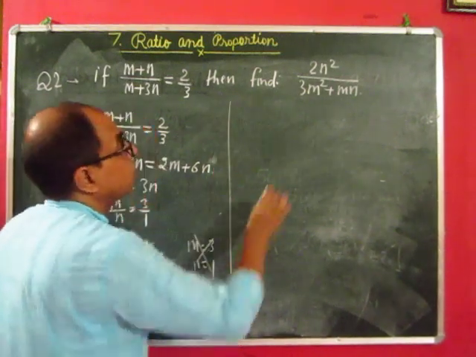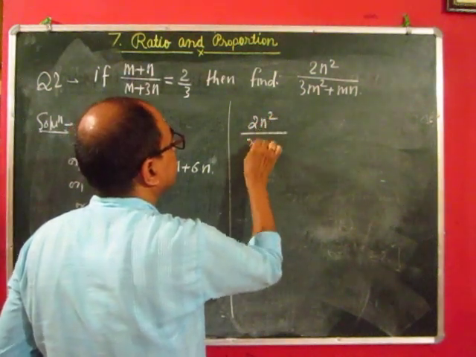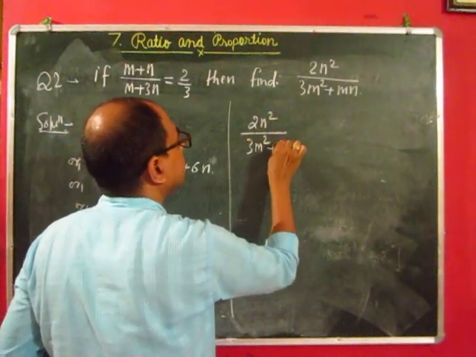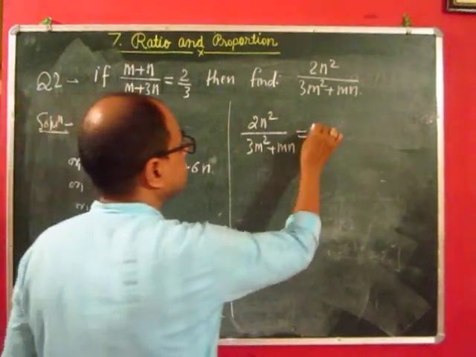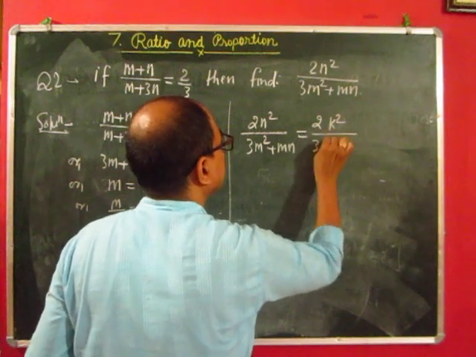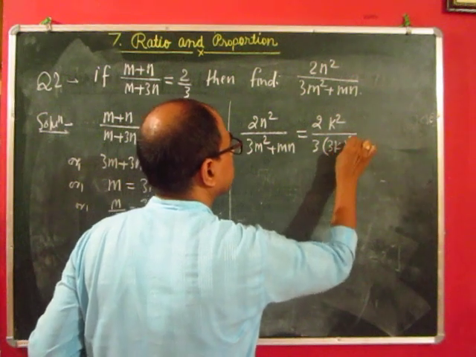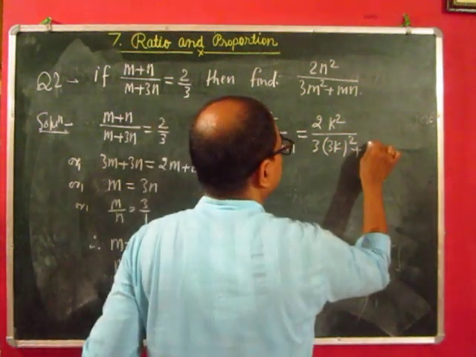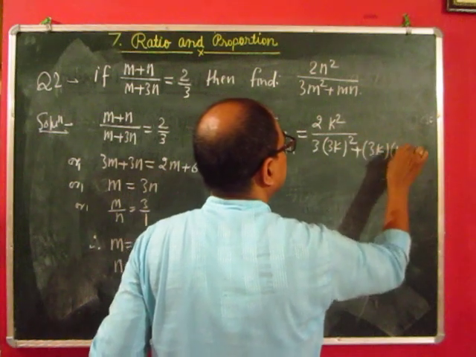Now we have to find the value of 2n square by 3m square plus m into n. So put the value of n here. Value of n is k, so 2 times k square by 3 times, and value of m is 3k, so put here 3 times 3k square plus m is 3k and n is k.